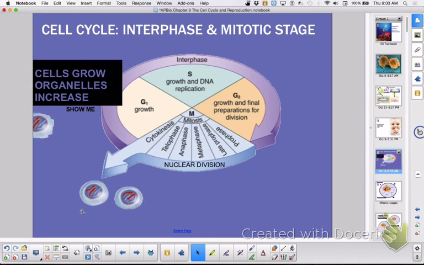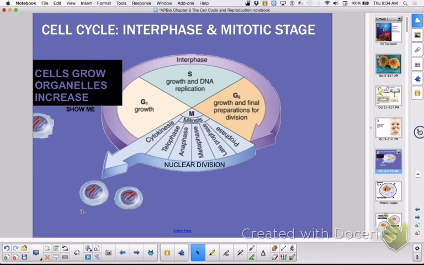So, in G1, that part of interphase where a cell spends most of its time, it's only if it's going to divide that it's going to go through this stage right here. In G1, the cell is growing. Now think about what happened right before G1. You were two cells.